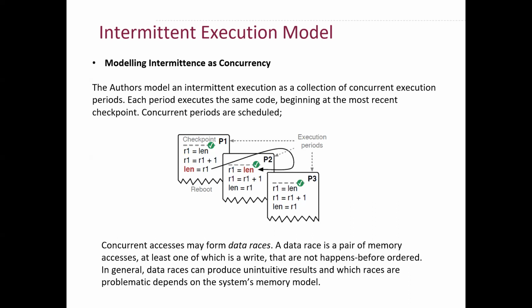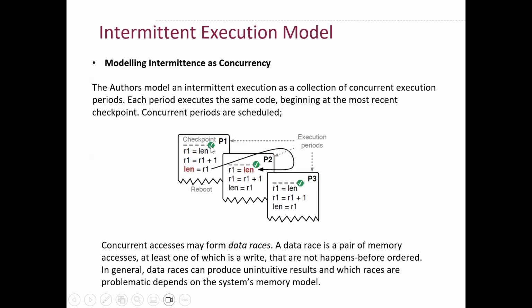But if concurrent periods are scheduled, then your program is going to concurrently run the same line at the same time. And when the execution halts, it's going to continue at the line where it lost power. So let's say P1 is running, you have R1 equals length, R1 is incremented, you store R1 in length, and then you have a reboot.